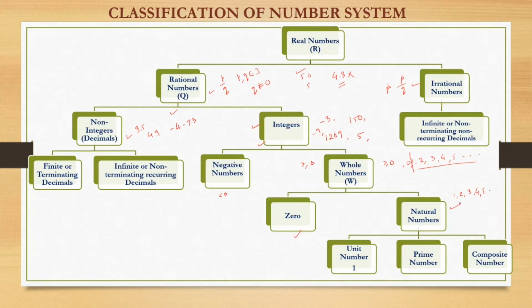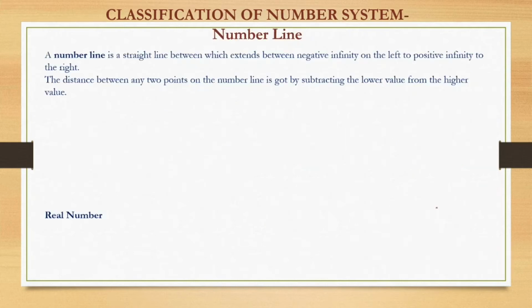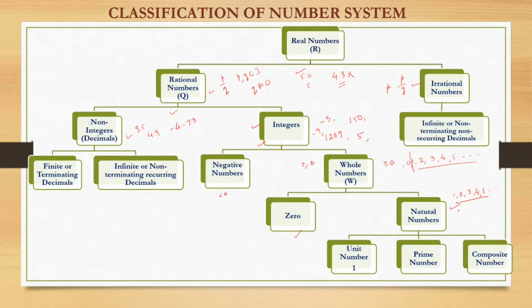Now these natural numbers can further be classified into three categories. One is unit number which is 1, then prime number. What are prime numbers? This we'll see in detail in a subsequent slide, but just to give a brief, prime numbers are those numbers which have only two factors, one and the number itself.